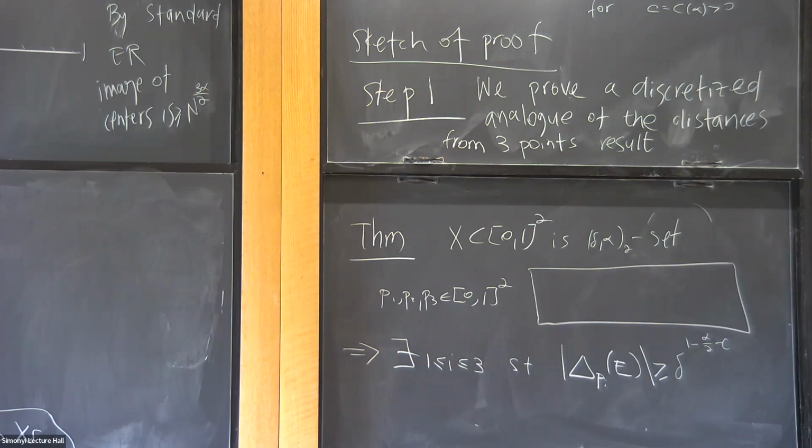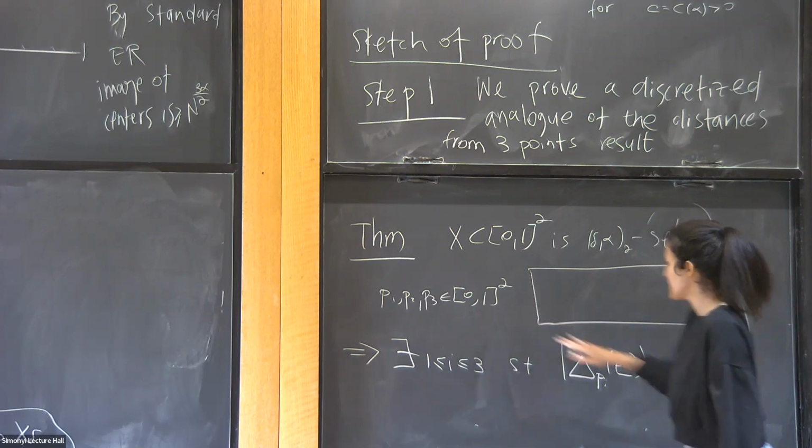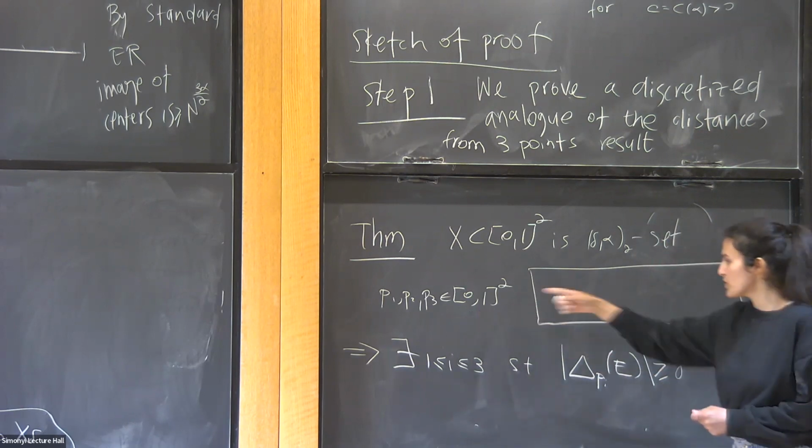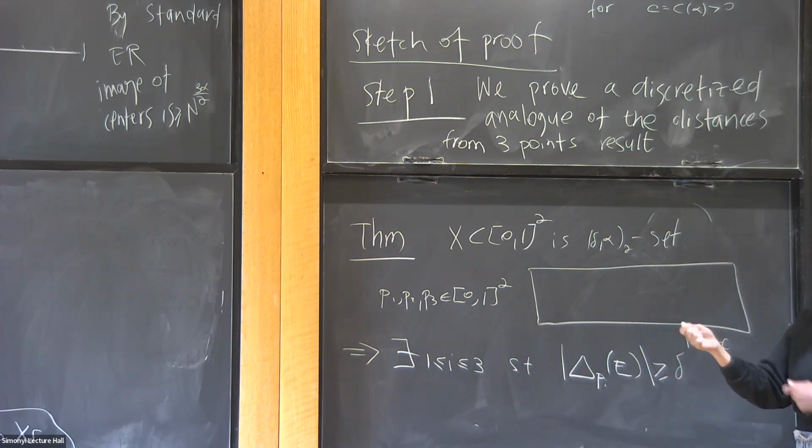This is what we usually say when we prove the analog of Elekes-Rónyai: it holds for delta sufficiently small. The problem is that when we are going to apply it, for the theorem that I'm now sketching its proof, we will not be able to fix the 3 points and then take delta to be small. The 3 points come with delta. So we have delta, and for this specific delta, we are given 3 points. So we couldn't use this general theorem.